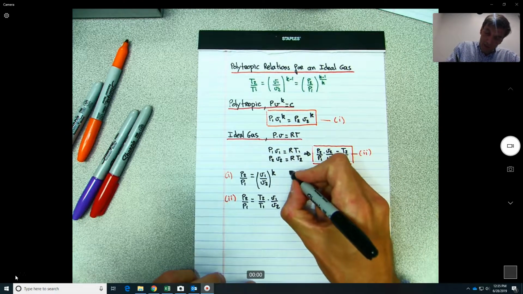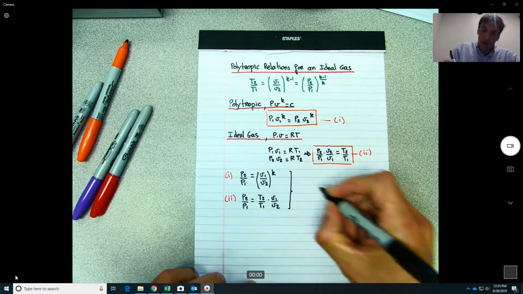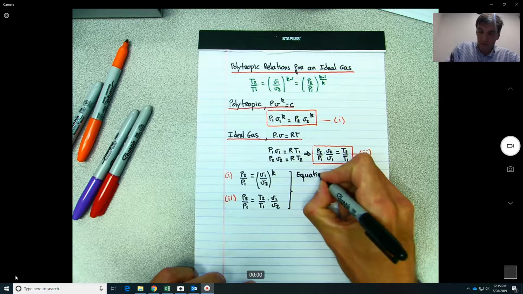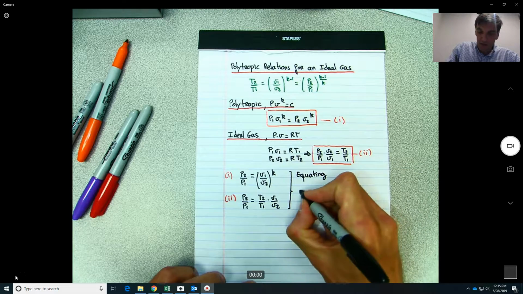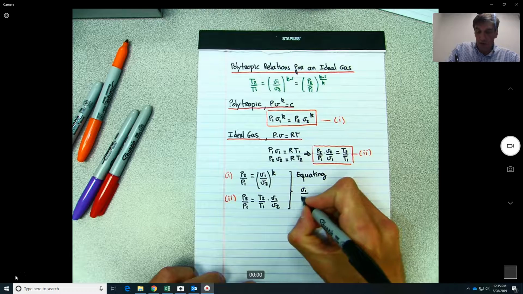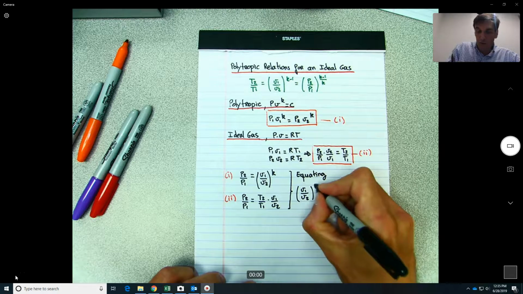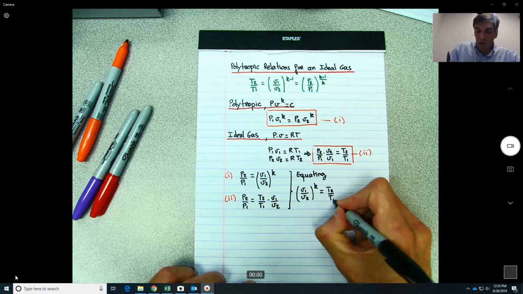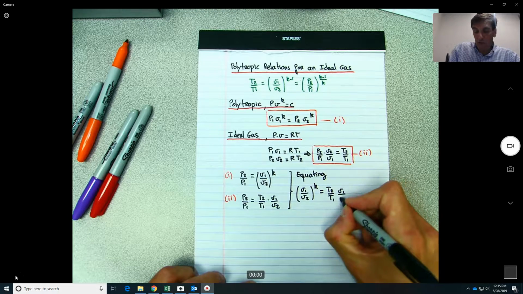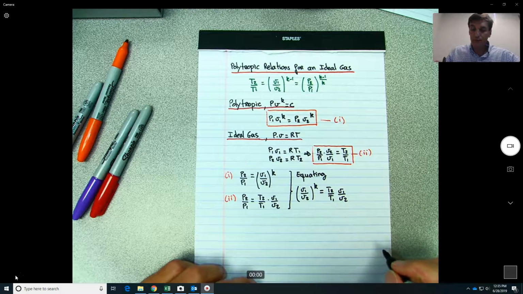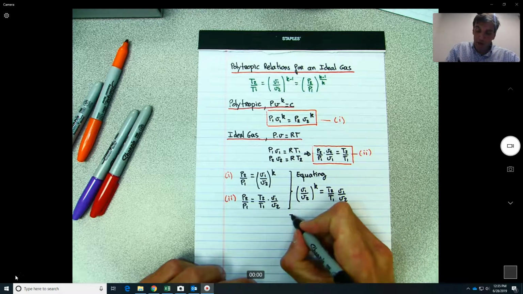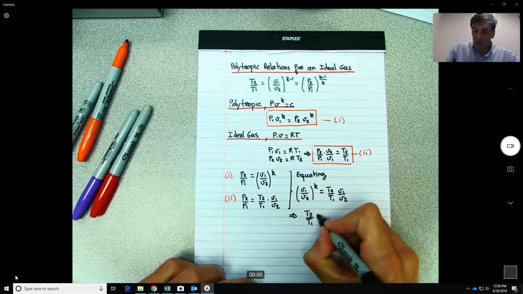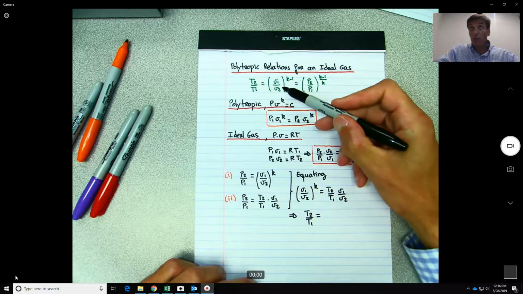So let's say here, equating, what do we have? V1 over V2 to the K equal to T2 over T1 times V1 over V2. Okay, and from here we just need to write down T2 over T1. So we're trying to get that relation.